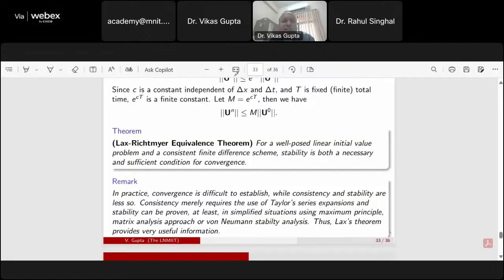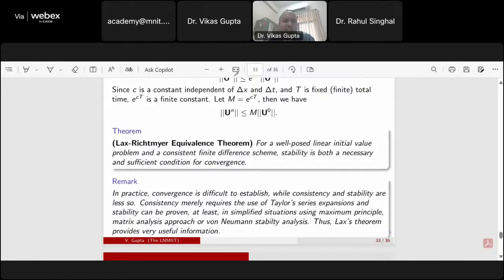If your scheme is not stable, then showing that it is not convergent is a little bit difficult to prove. But you can find the proof of this other part of the theorem in the book authored by K.W. Morton.